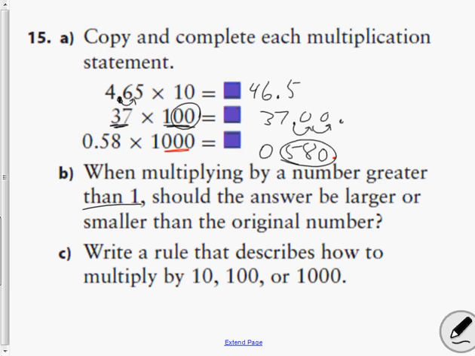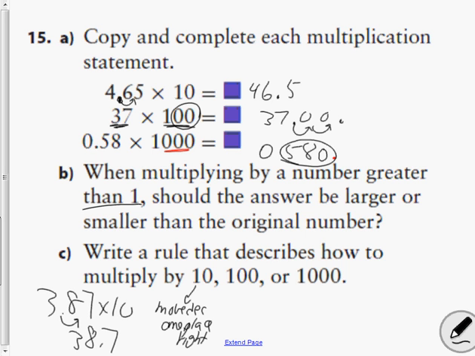And finally, C, write a rule. When you multiply by 10, you're going to move the decimal 1 place right. So if I multiply 3.87 by 10, my answer will be 38.7. Right?